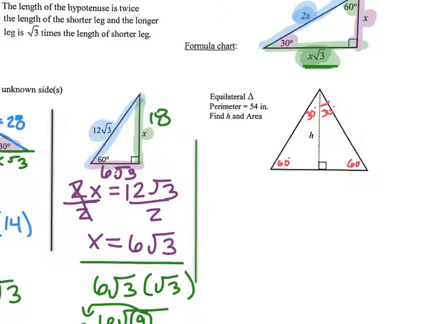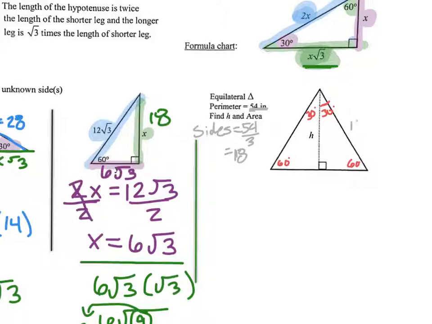Now the first thing we need to do is figure out the length of the sides, and we can do that because we have our perimeter. So we're going to take this 54 and divide by 3. The side is going to equal 54 divided by 3, and that comes out to 18.